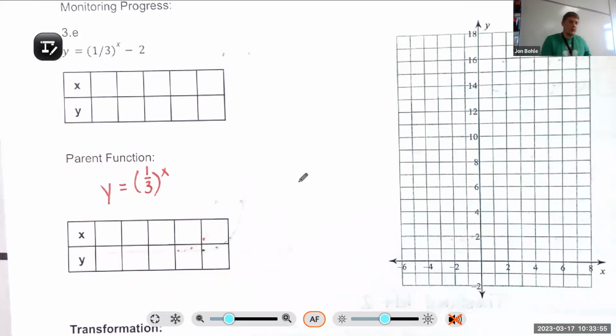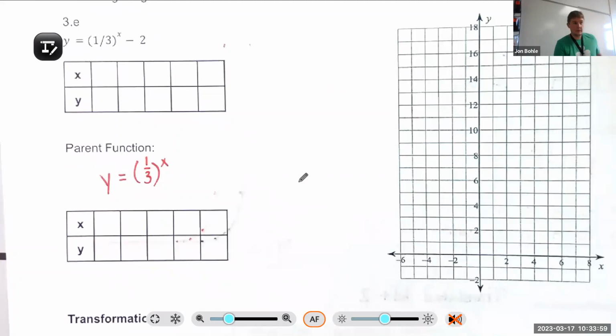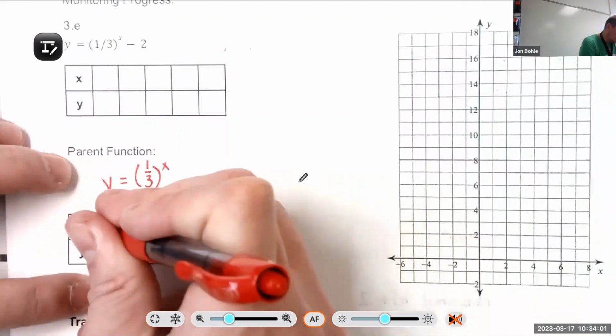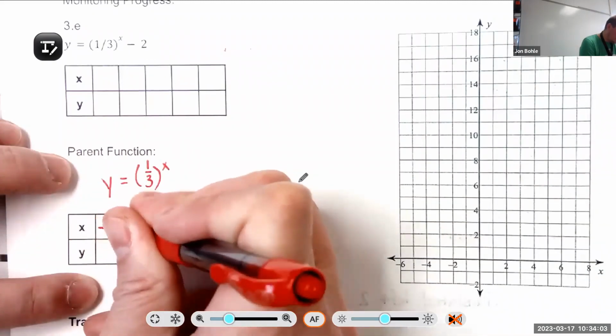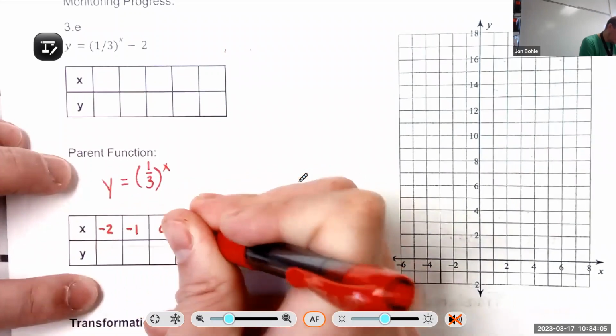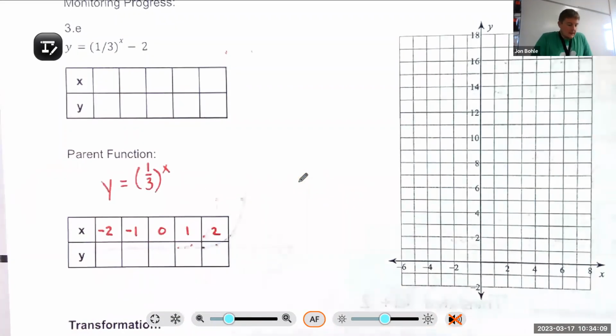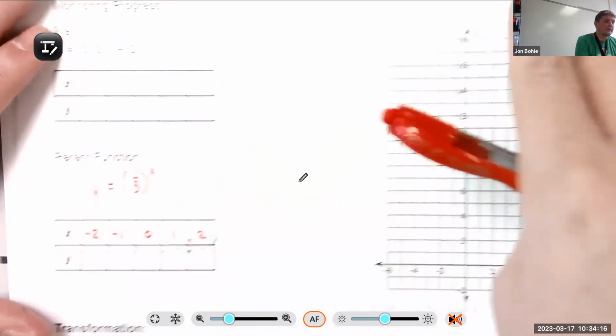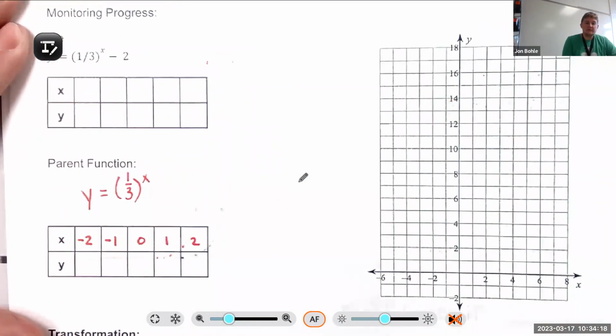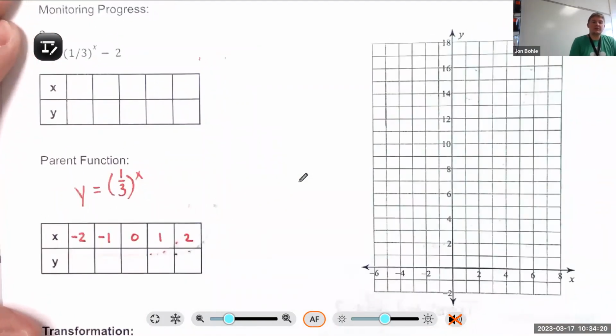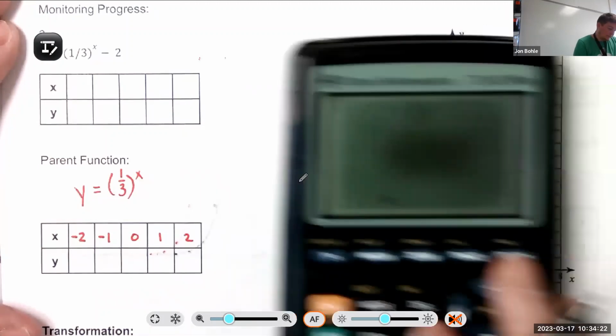All right. So now, what are the x values I typically pick for this? -2, -1, 0, 1, and 2. Okay, so let's go ahead and graph this. The first x value I'll plug in, according to our table, is -2.